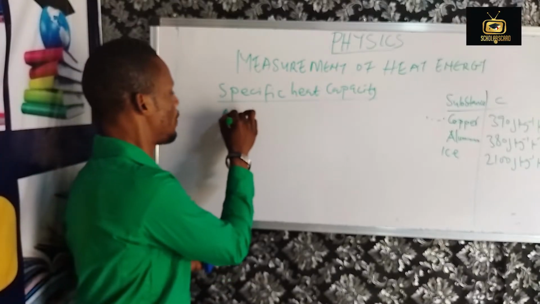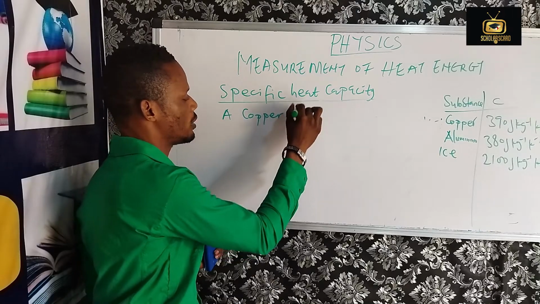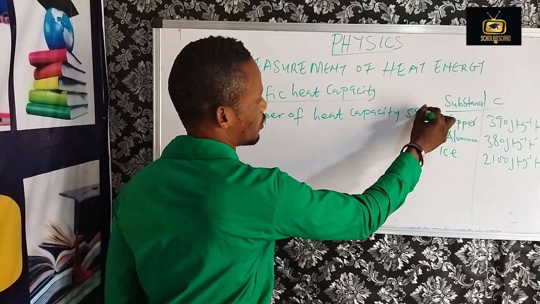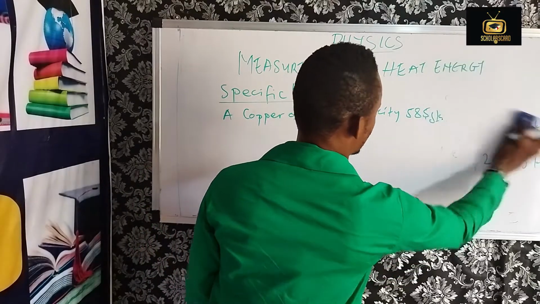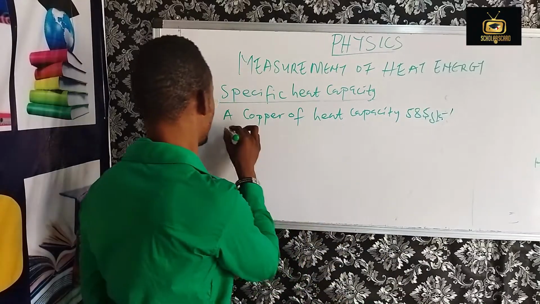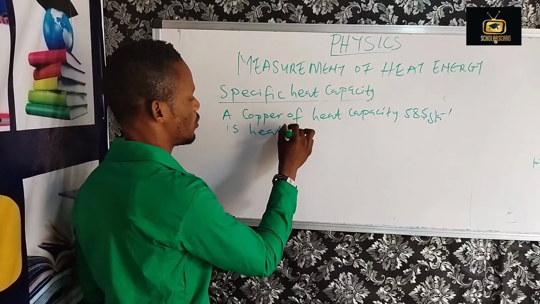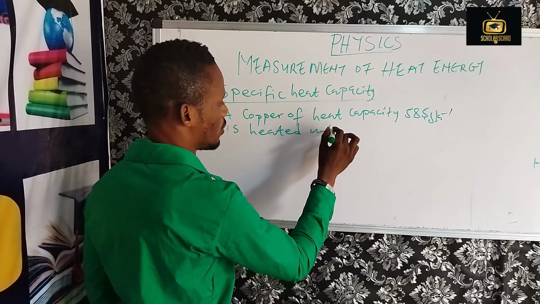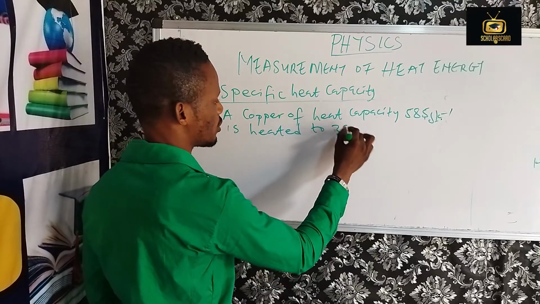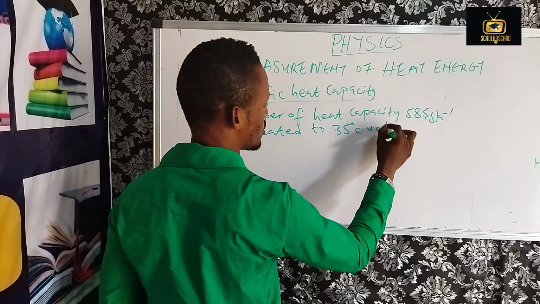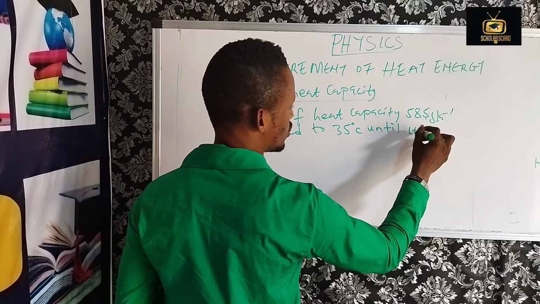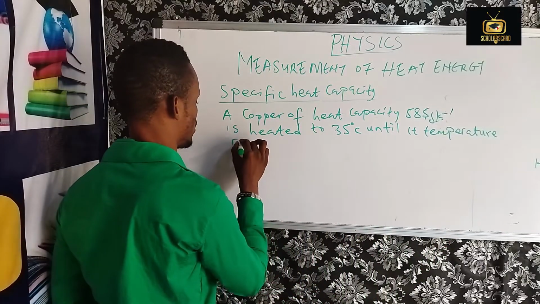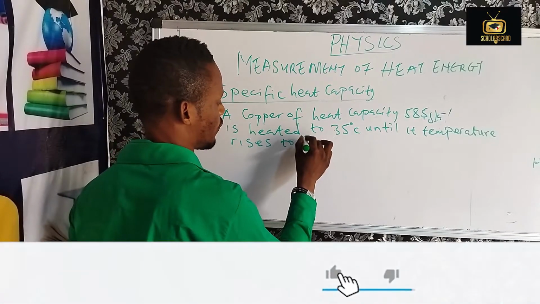A copper rod of heat capacity 585 joules per Kelvin is heated from 35 degrees Celsius until the temperature rises to 85 degrees Celsius.